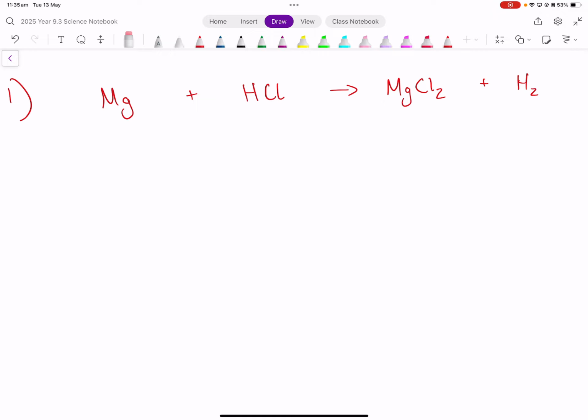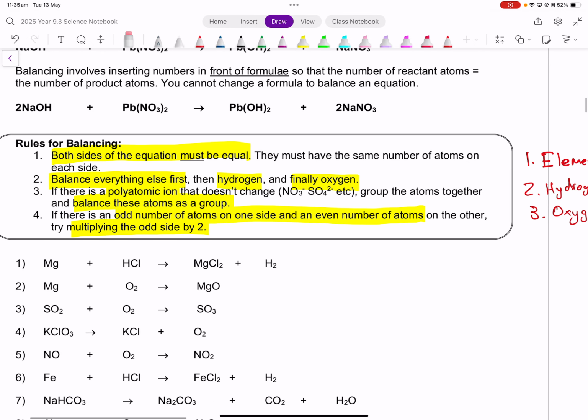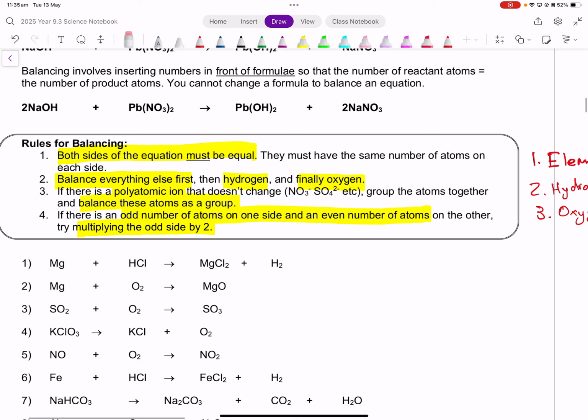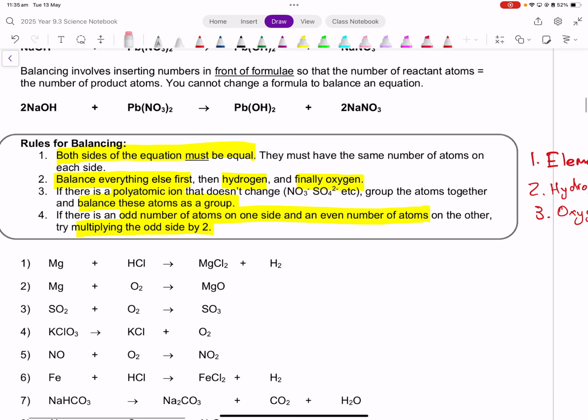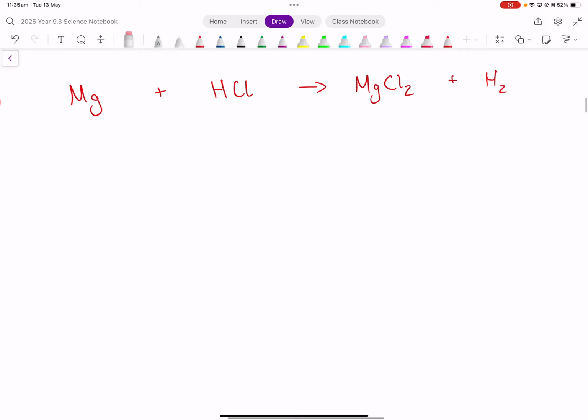We'll go from there. All right. So, our rules, as a very quick reminder, we're going to go through them step by step. Both sides of the equation must be equal, and we need to balance everything, then hydrogen, then oxygen. So, do I have hydrogen in this equation anywhere? Yep. Do I have oxygen in this equation?